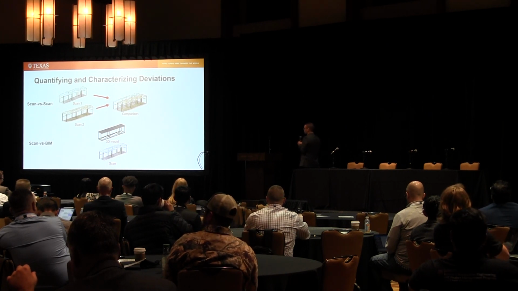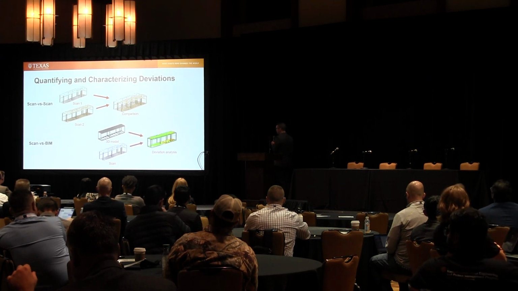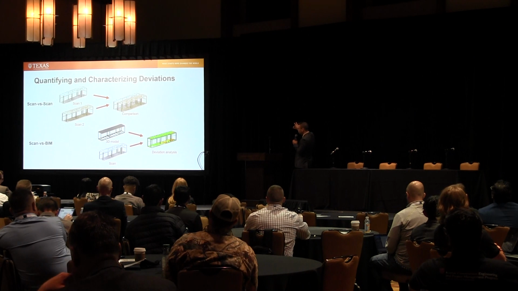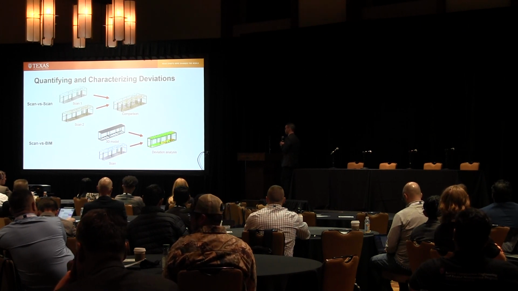By taking a scan of whatever it is you're building and overlaying that on top of that 3D model, you can actually map and visually see the build deviations. And so both of these workflows, scan versus scan and scan versus BIM, have become a staple in industry in terms of quantifying and characterizing deviations.